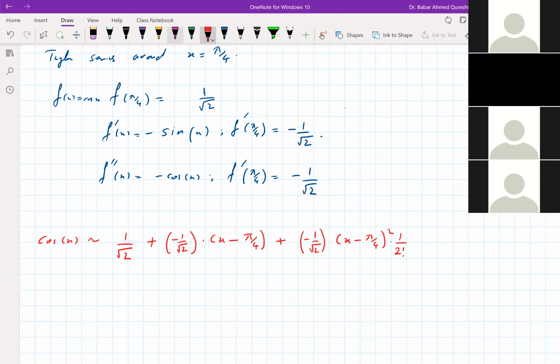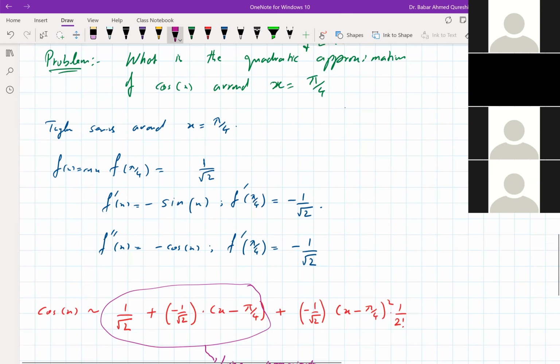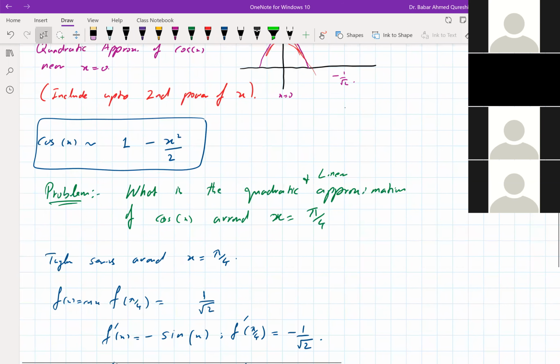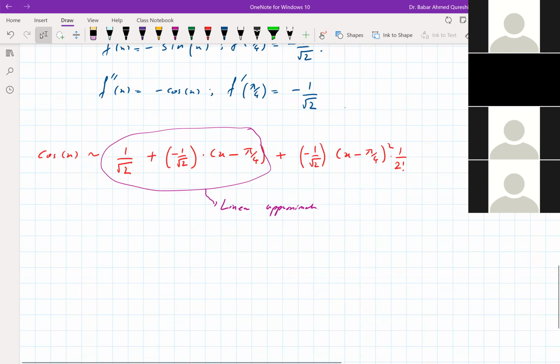So the linear approximation, you will retain these two terms. And it's representing a line, this line which I drew, and it has a slope minus 1 over under root 2, which makes sense because it's a negative slope, as I was expecting.